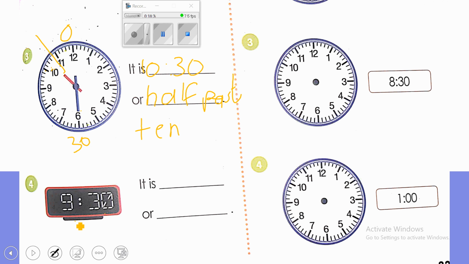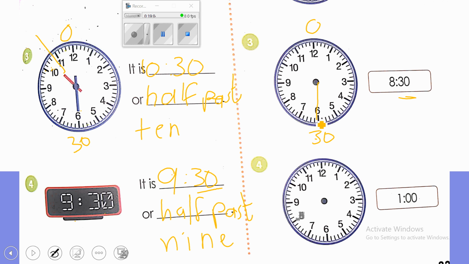Now 9:30. Again, the same, the digit form is so easy. 9:30 is half past 9. Again, I want to draw, I put 0 up, 30 down. Where is 30?